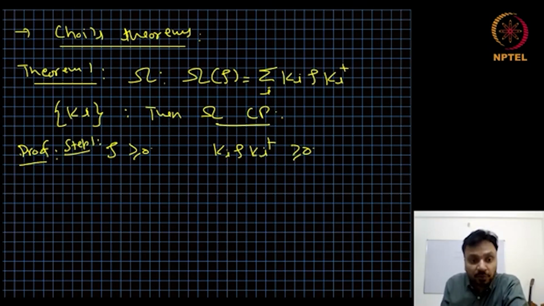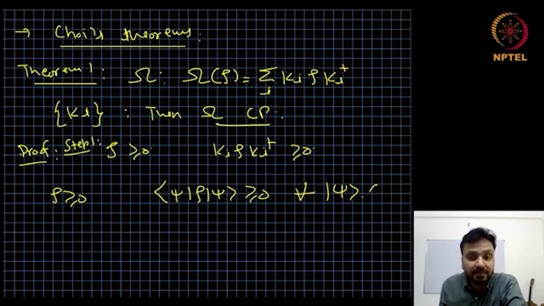So how do we prove that? The definition of positivity, rho being positive, is that its expectation value is positive for all the states psi in the Hilbert space.